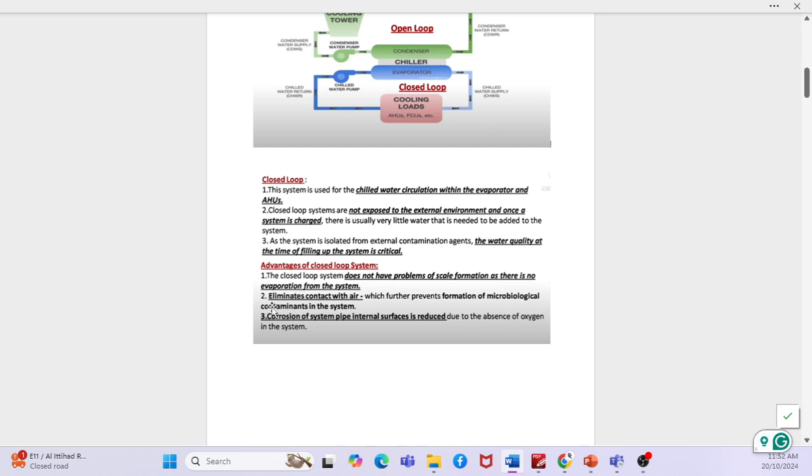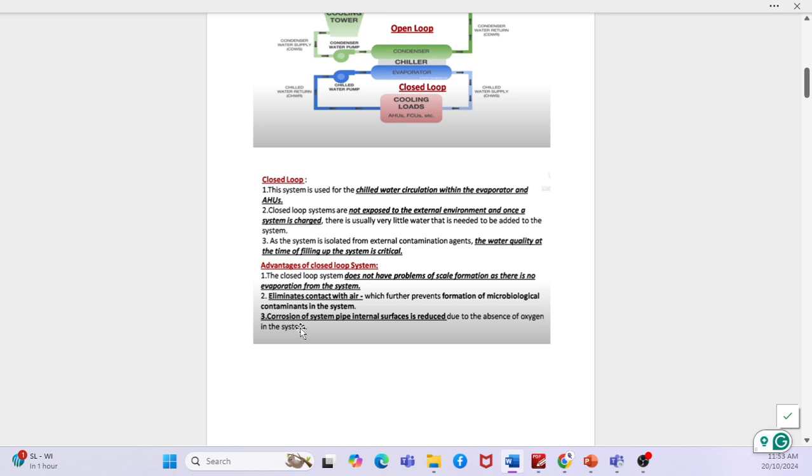Okay, so you can see this eliminates contact with the air, which further prevents formation of biological contamination in the system. Say for example, this is not directly in contact with the atmosphere, so it is not directly with air. Okay, so here also there is scale formation, there is microbiological formation, there is corrosion, but it is very limited compared to the open system.